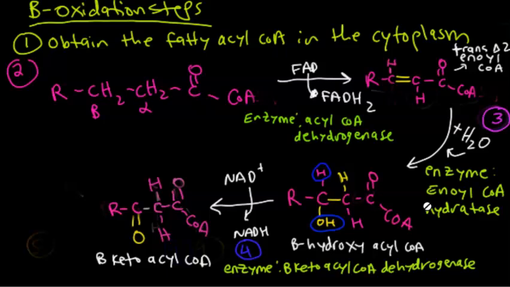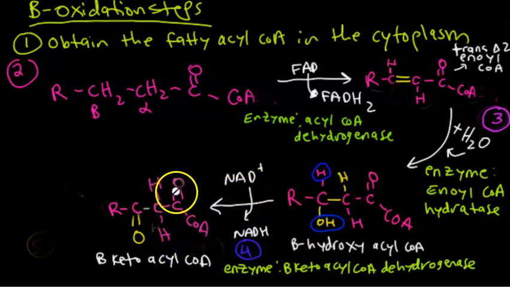In the next step, what will happen is this beta hydroxy acyl CoA will turn into a beta keto acyl CoA with the enzyme beta keto acyl CoA dehydrogenase. In this step, the H and the OH in blue will be lost and donated to an NAD+ to form NADH. As a result, we convert the beta hydroxy group to the beta keto group.